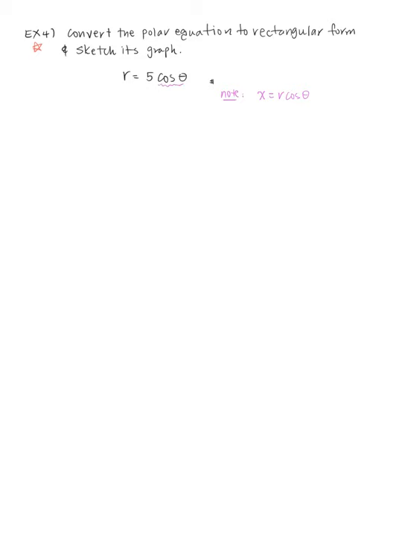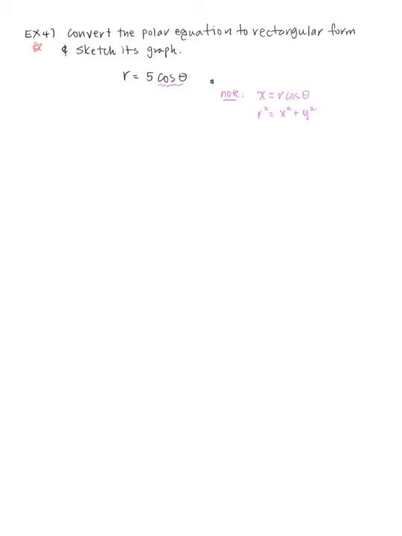If I have an r in front of it, or behind cosine, do you see that I can convert that into x? And also, on the left-hand side, if I have r squared, then we can replace that with x squared plus y squared. So regardless, on the left-hand side and the right-hand side, we need that extra r. And that is the trick.